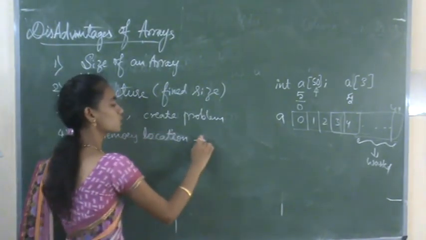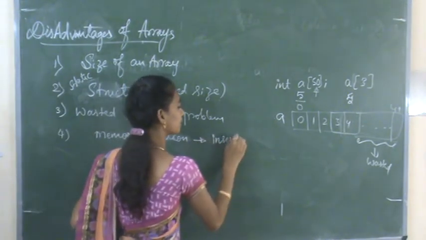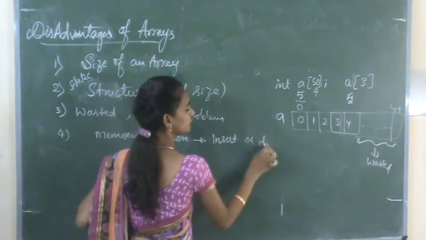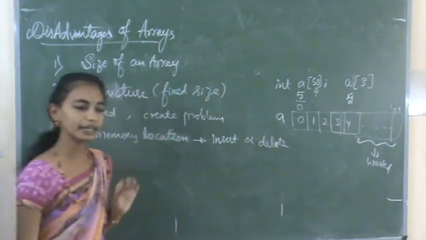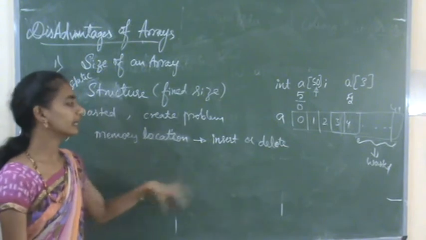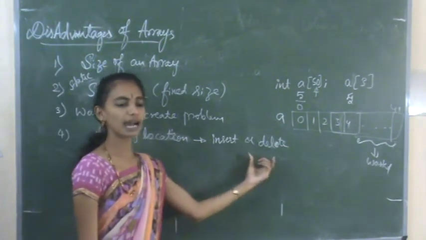If it is stored like this, if we want to insert or delete any element in an array, it takes too much time. You know the algorithm of insert and delete, right?